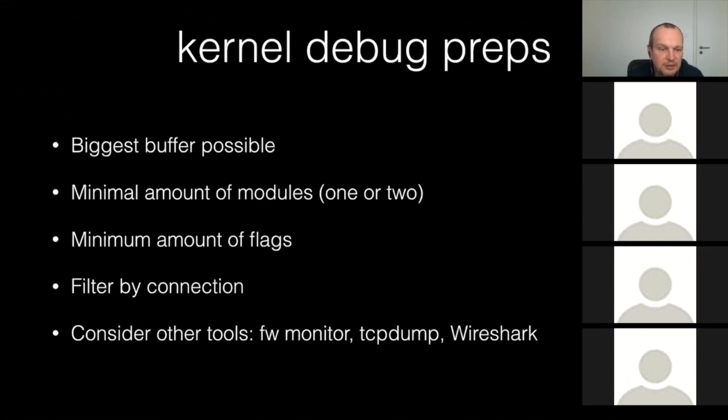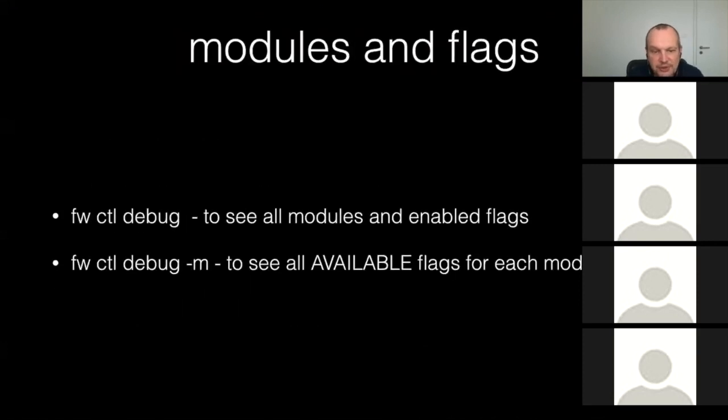That helps to clear out things that you don't want to see. Filter by connection, and also if you want to analyze debug to make sense out of it, it also helps to run FW monitor or tcpdump in a separate session to see what's going on.